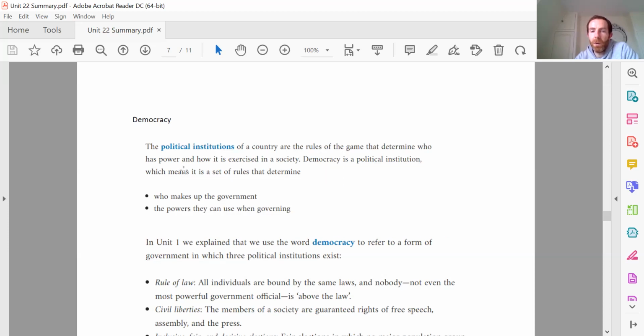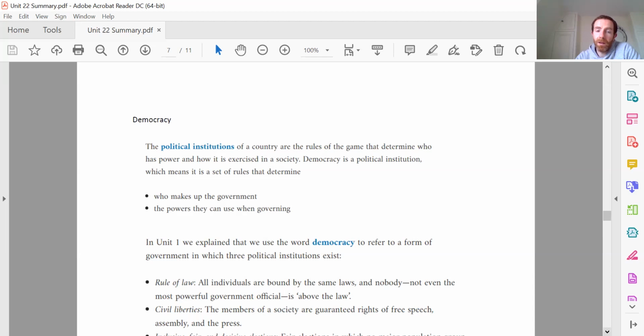They determine who has the power and how it's exercised. So democracy is a particular political institution where the set of rules determine who makes up the government and the powers that the people in government can actually use when they're governing.